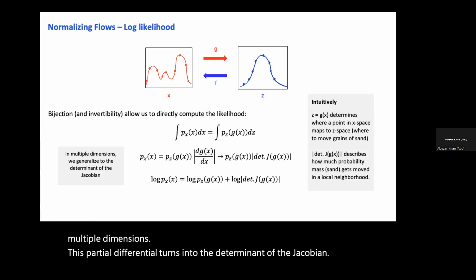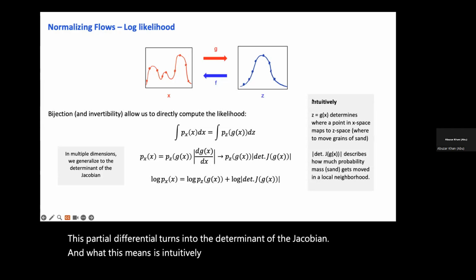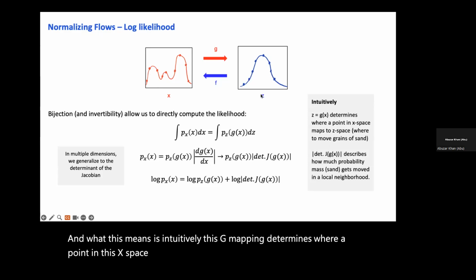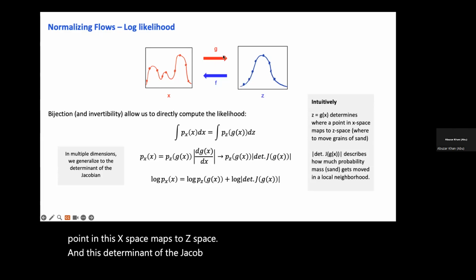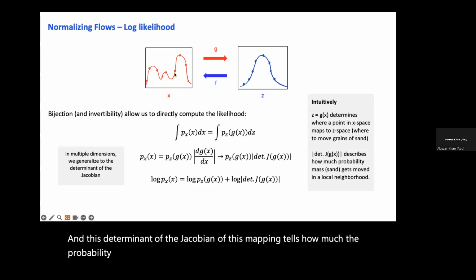What this means intuitively is this G mapping determines where a point in this X space maps to in Z space. And this determinant of the Jacobian of this mapping tells how much the probability mass, or the sand, is squeezed and shoved aside in local neighborhoods.